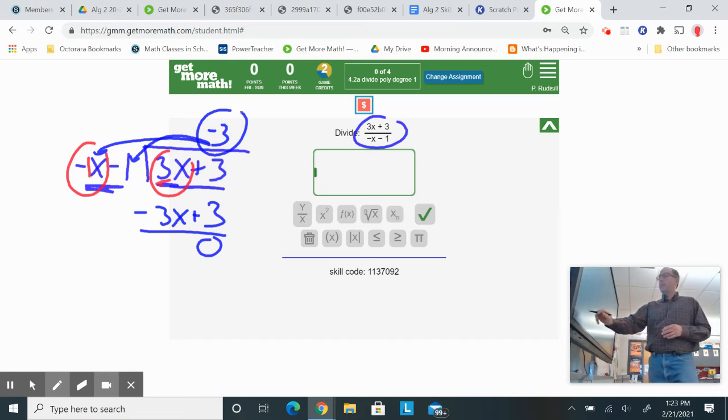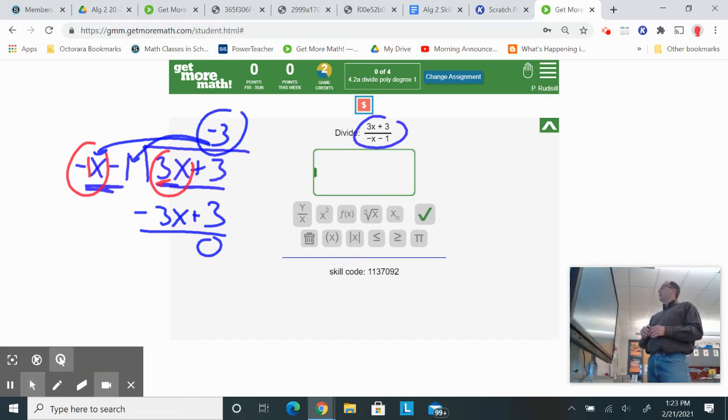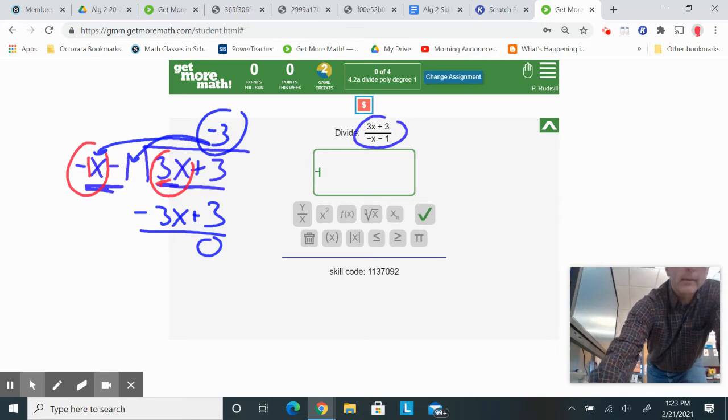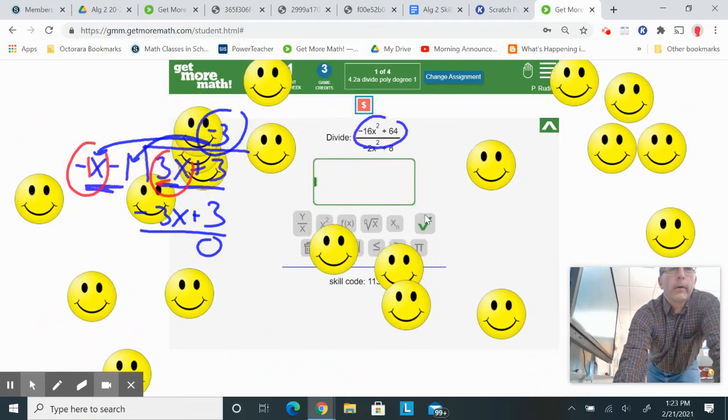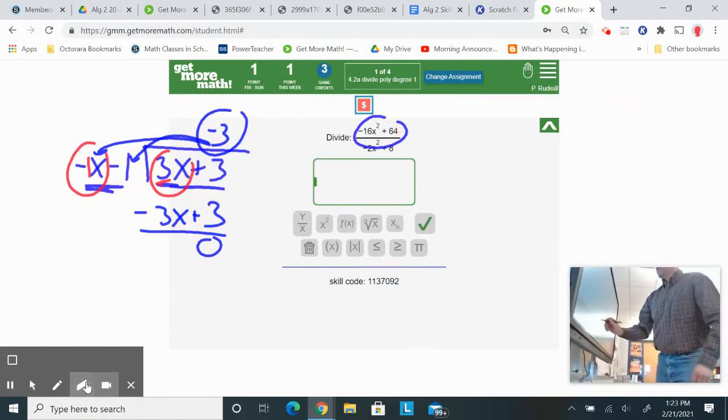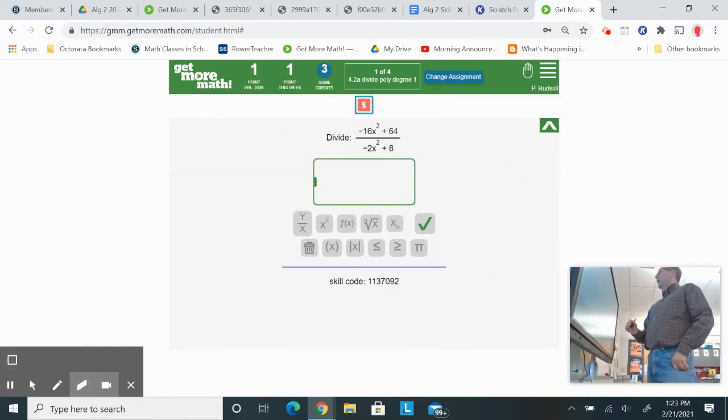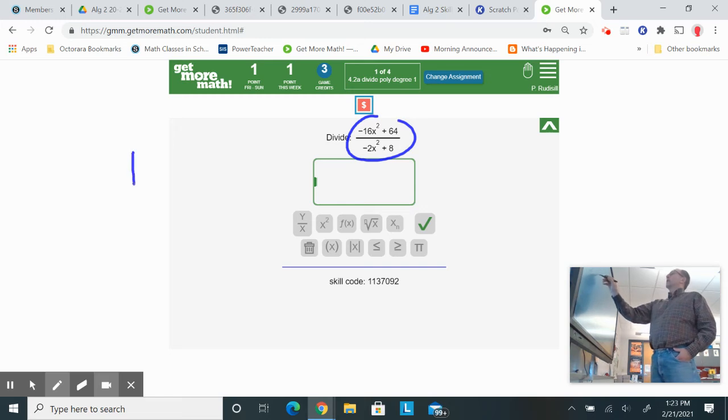So I'm going to type in a -3 into my answer box. See how we did? All right. So let me erase the work we have here, and let's divide this problem. So I'm going to pause the video, write it down real quick, and I'll bring it back.